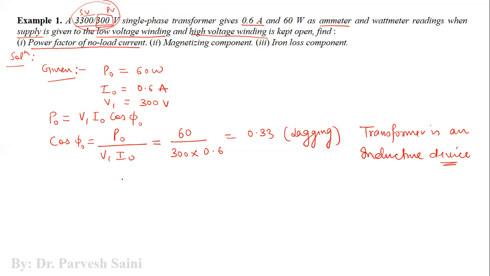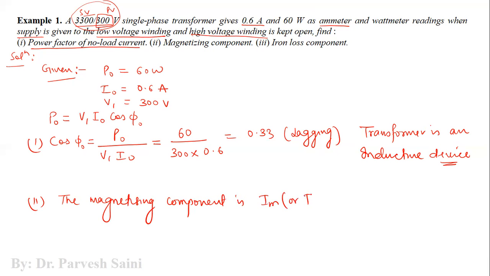Okay, now this is the first thing we have to calculate. The second is the magnetizing component we have to find out. The magnetizing component is Im or I mu, right?